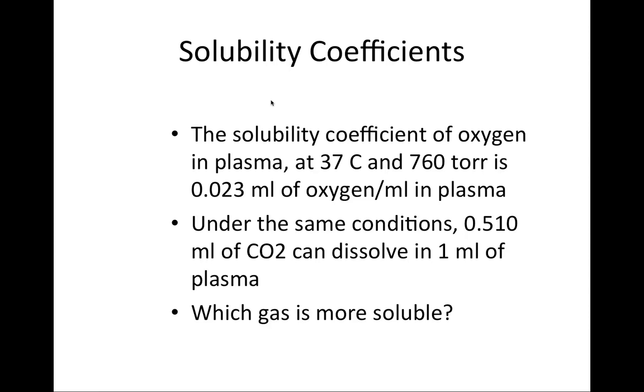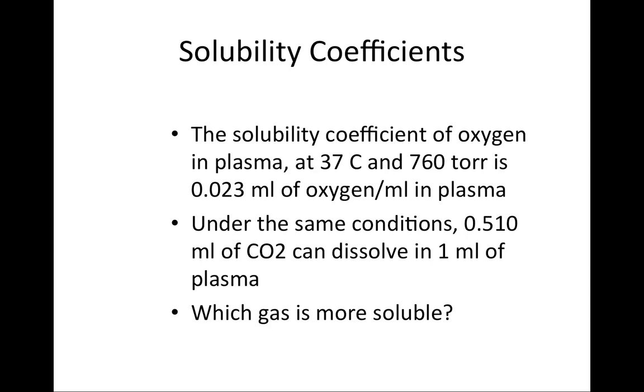So solubility coefficients are different for different gases. We will look at all of these at STPD, or standard temperature pressure dry. And what we see here is the solubility coefficient of oxygen in the plasma at 37 degrees, so 37 degrees Celsius is normal body temperature.